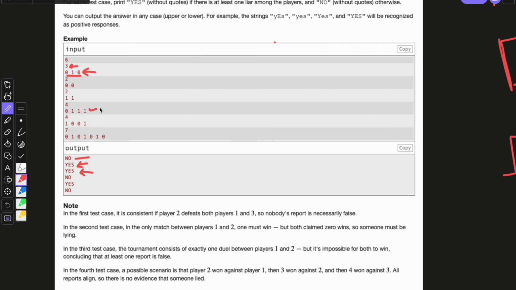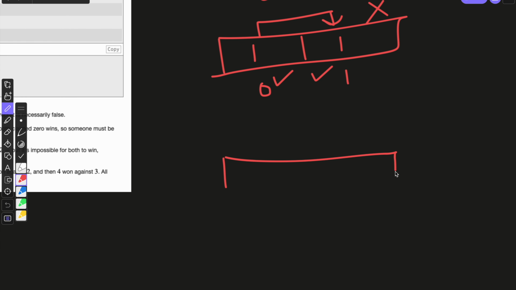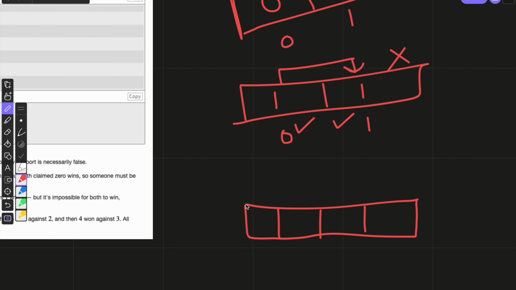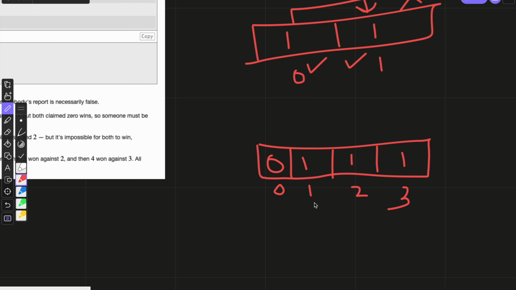Let's see the next test case now, the fourth. It has 4 players: 0, 1, 1, 1. 0th player, first player, second player and third player. So the 0th player will fight with the first player, who will fight with the second player, and here we can see that player 1 has won.